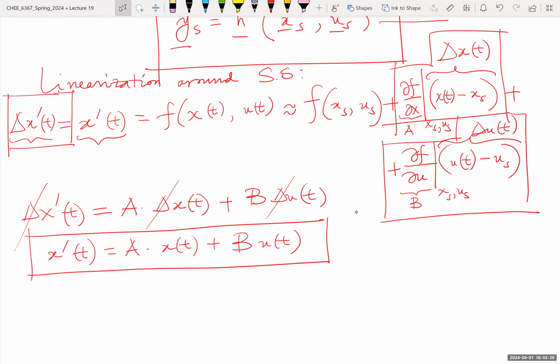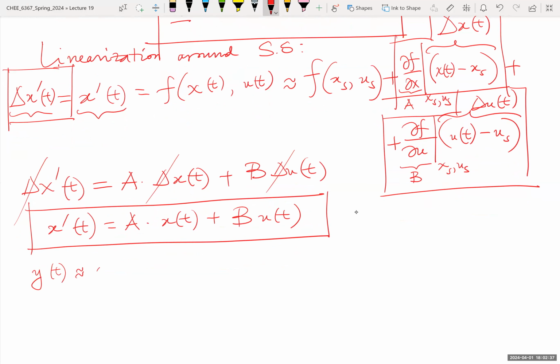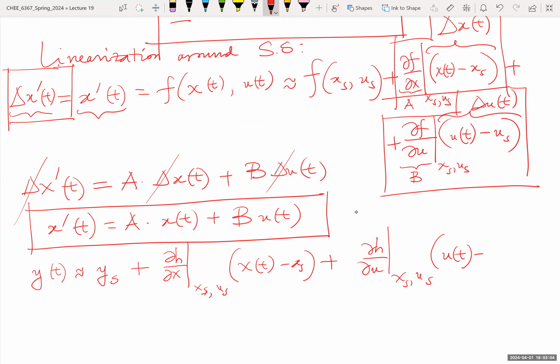the companion equation to that, as you might guess, is the output equation, which says that y of t is approximately equal to y at steady state plus the Jacobian of h with respect to x at steady state, plus the Jacobian of h with respect to u at steady state, times the deviations, delta x of t and delta u of t.